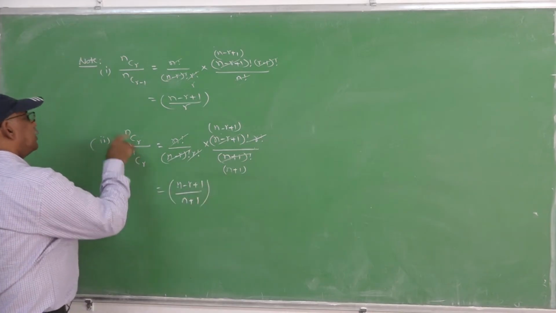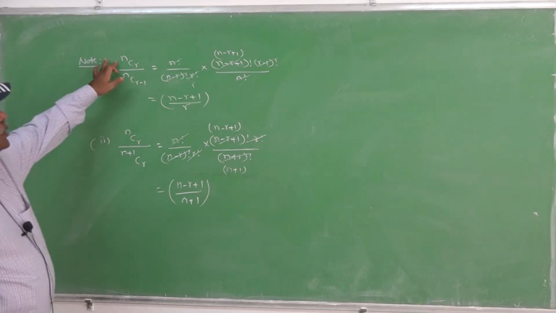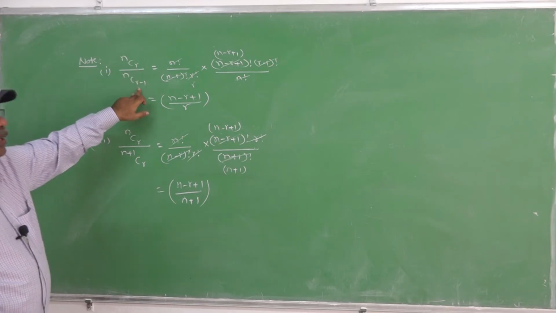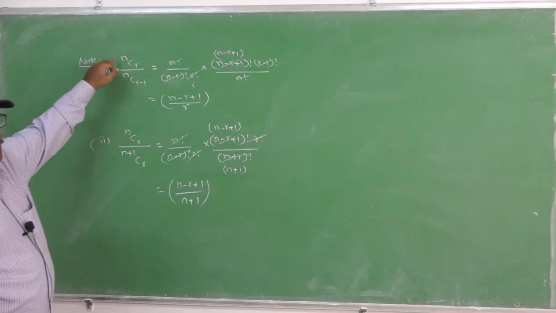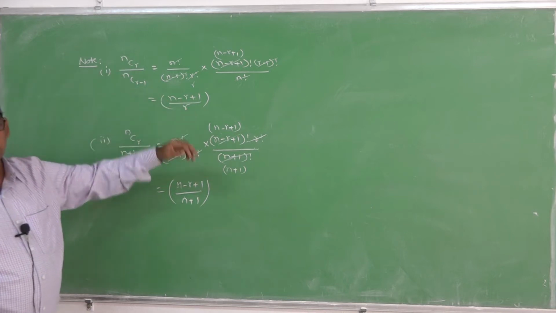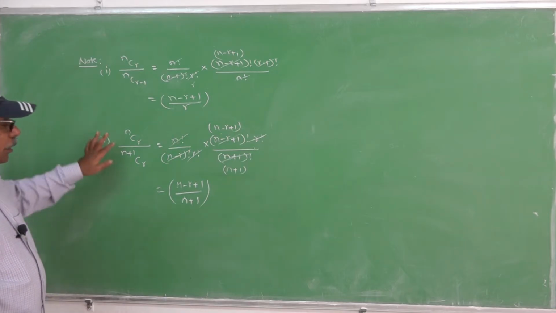These two are different. Observe this difference. nCr by nCr minus 1, just I am reducing the suffix here. Prefixes are same. Suffixes are reducing by 1 unit. In such case, (n minus r plus 1) by r is the required value.